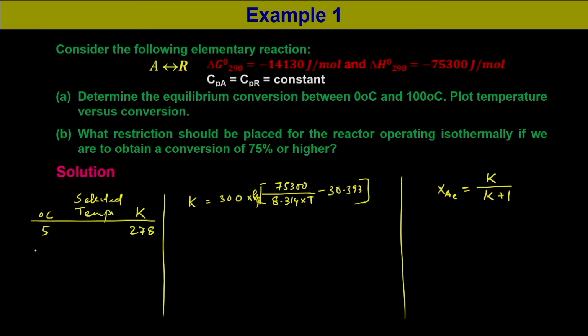278, say 15, 288, say 35, 308, we can 55, say 328, we can do 75, which is 348, and say 95, say 368.